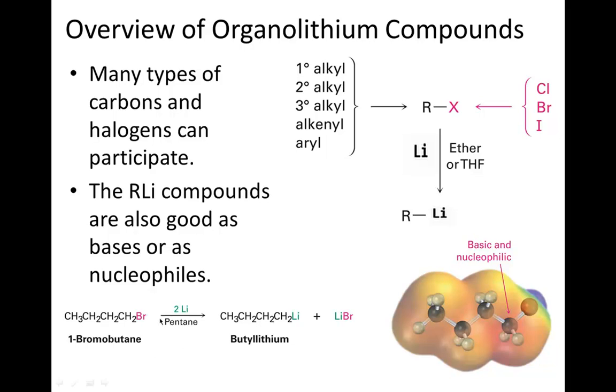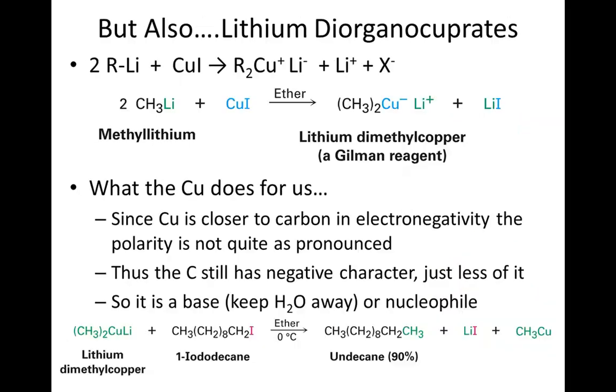You notice that it also has a solvent associated with it. And these can also be used as nucleophiles, so everything that we could do with a Grignard might be doable also with an organolithium compound, although for some things we prefer the Grignard itself. But they're still strong bases, so we've got to keep water away from them.